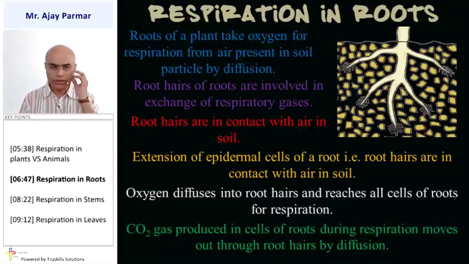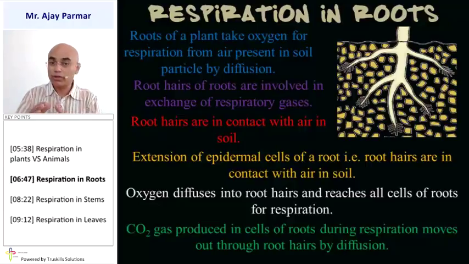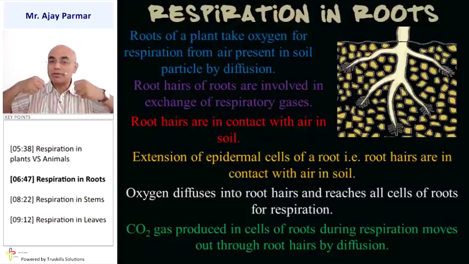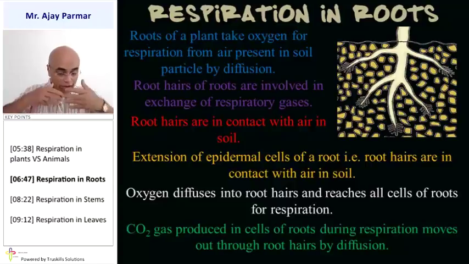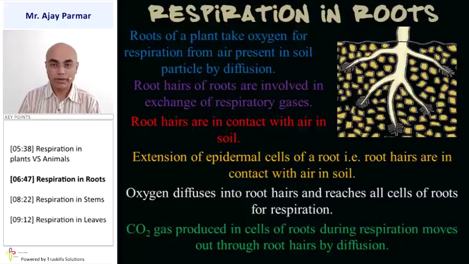CO2 is also produced in the cell, and that CO2 will move out through the root hairs by the same process of diffusion, but in the exactly opposite path. So oxygen is absorbed by the root hairs by diffusion, and carbon dioxide is also given out by the root hairs by the process of diffusion.